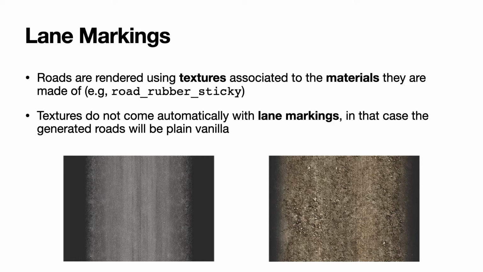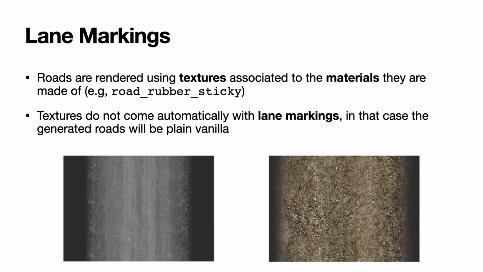We need to generate lane markings ourselves in the simulator. Otherwise, if the texture associated with the material we use to generate the road does not contain those features, the road will just be plain. So those lane markings do not come automatically out of the simulator.